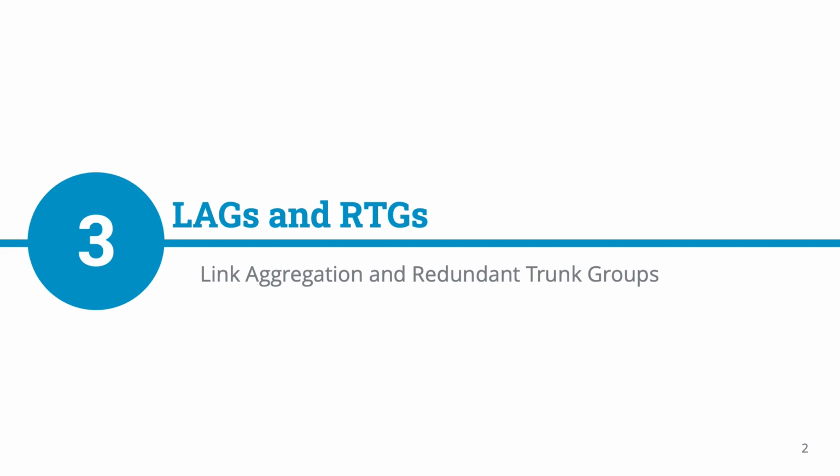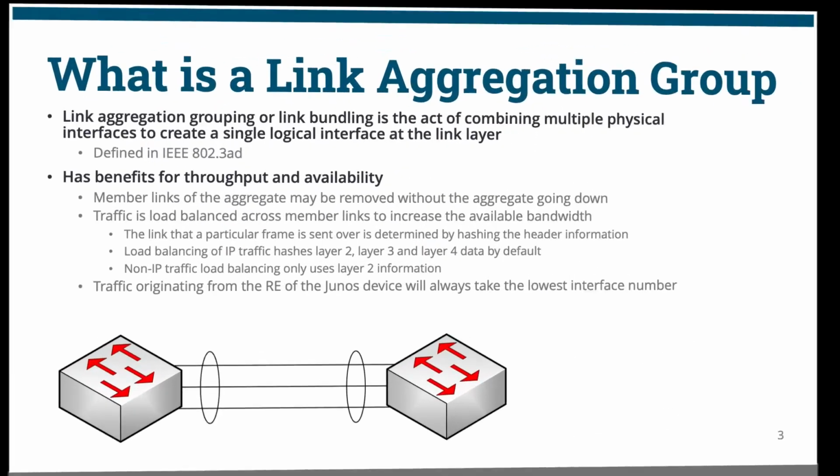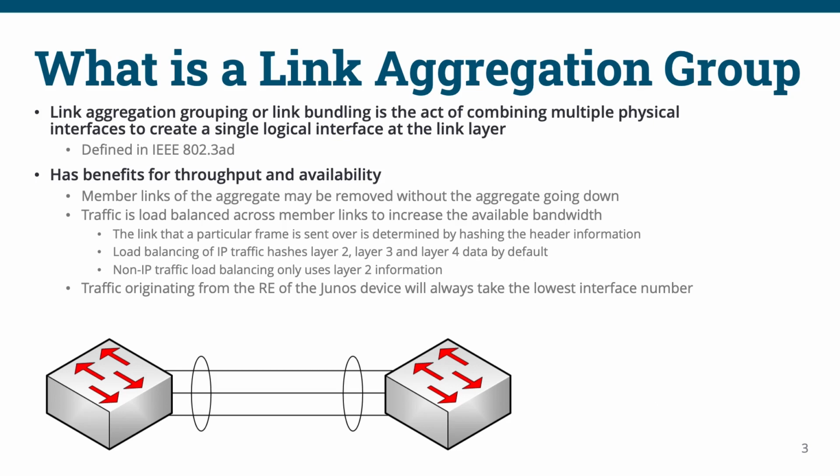First up, let's go over what a link aggregation group is and the benefits of configuring one. Link aggregation grouping is defined in IEEE 802.3ad. The standard describes the grouping of multiple physical links into a single logical Layer 2 link.